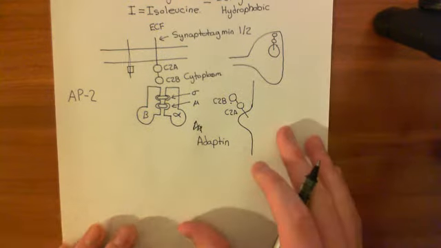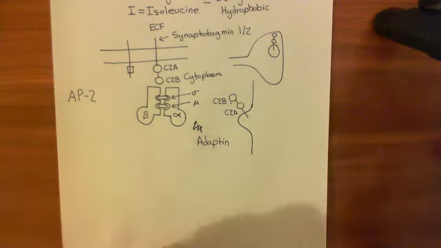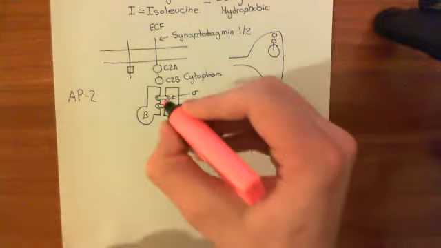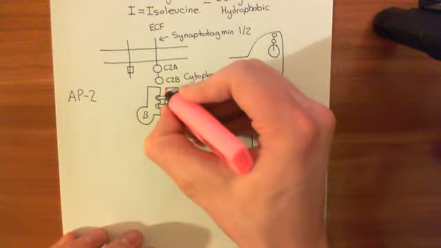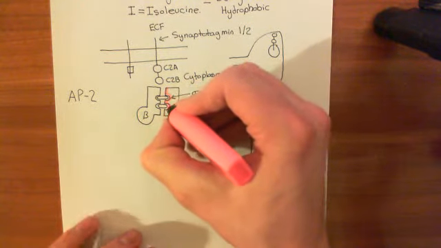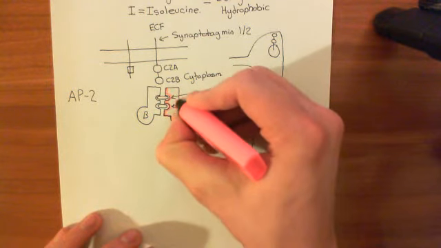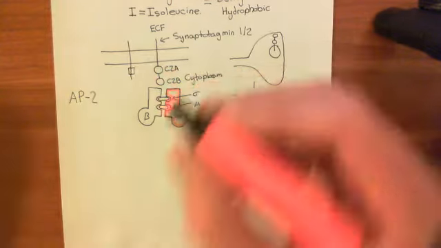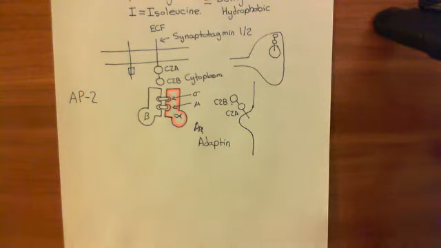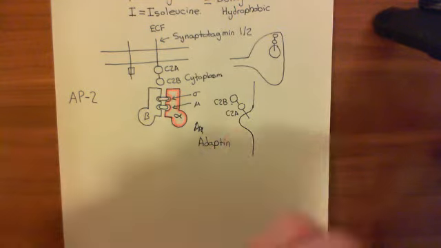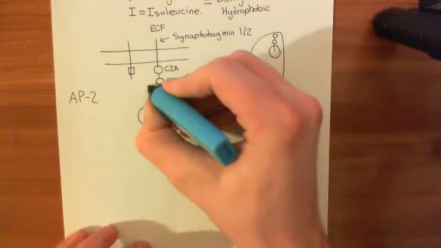So let's colour these in to make it look a little bit more interesting. Okay, so in red here is the alpha adaptin protein outlined in red. Right, there we go. And then in blue, we'll have the beta adaptin protein.